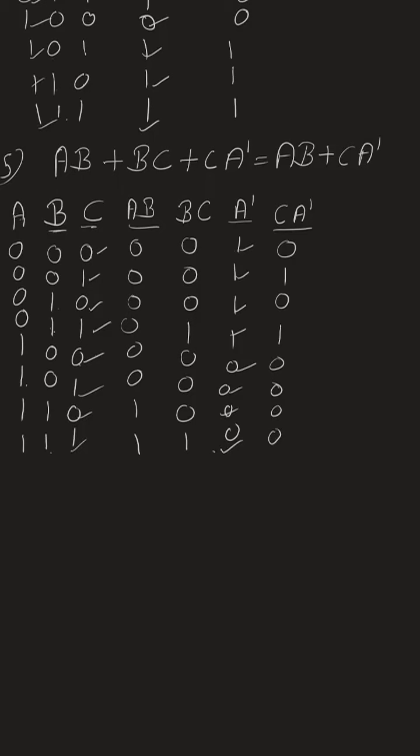Okay, so now we need the addition. Addition of which? AB plus BC plus CA complement. So first you can find out the AB plus BC, and then you can find out plus CA complement also.